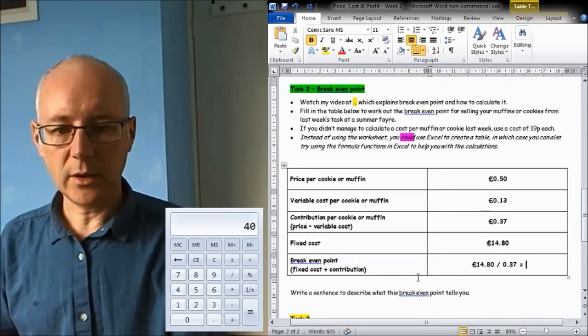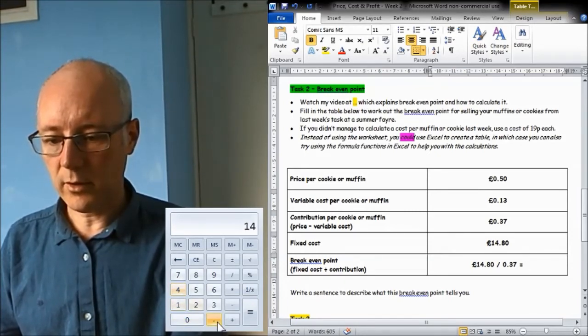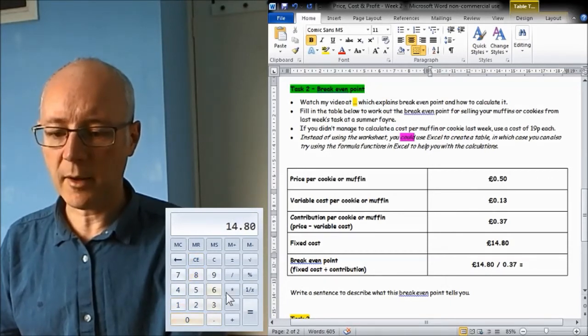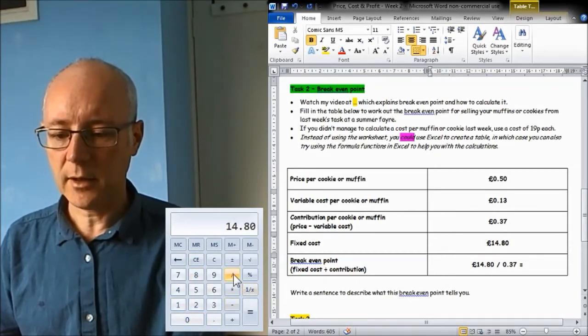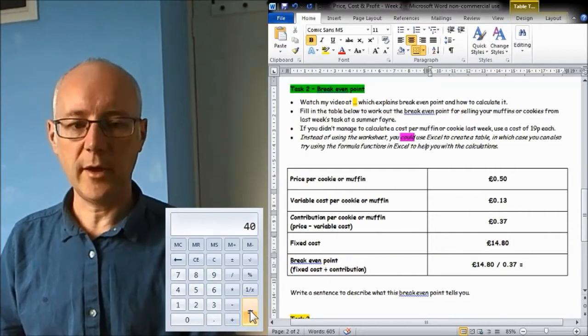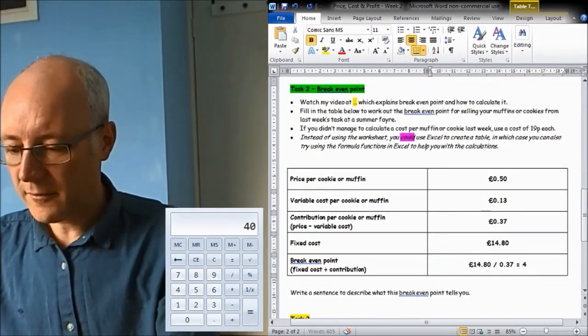Okay, so I'll do that on my calculator now. So that's 14.80. Obviously I don't need to put the 0 in there when I'm using a calculator, but I have done, divided by 0.37 equals 40. That's a nice round number there. So that's 40 there.